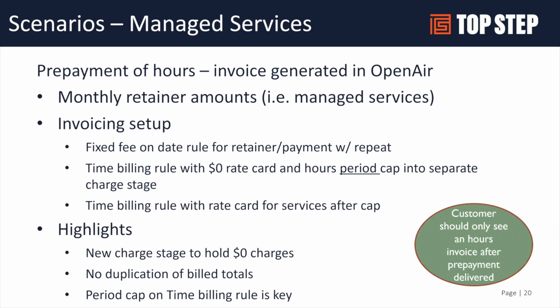In this scenario, we could have a cap for the month. And so once you exceed the cap for the month, then it flips into an overflow time billing rule with a rate card, so that you then actually get dollars to bill in addition to the fixed fee to the customer.